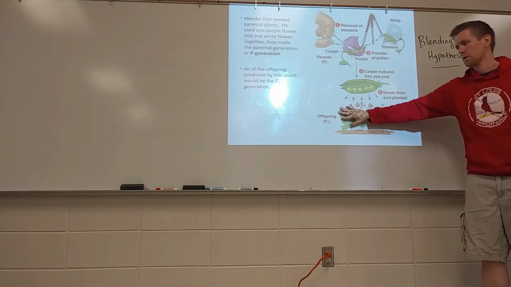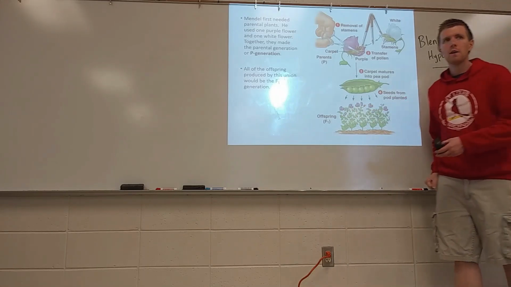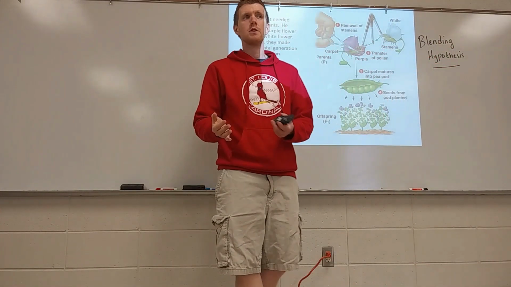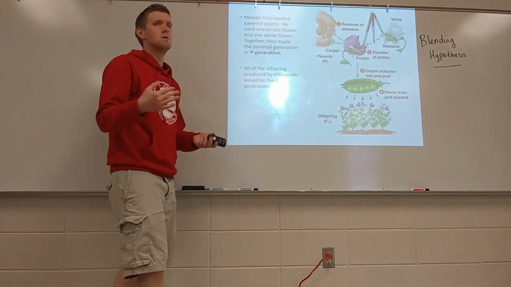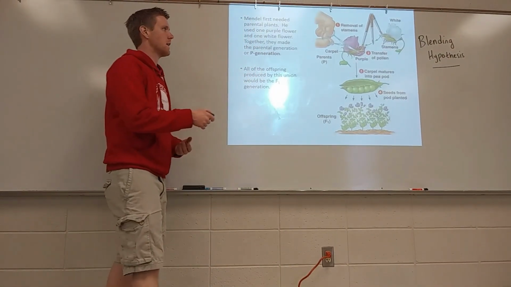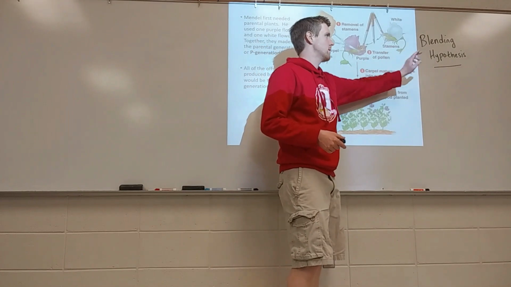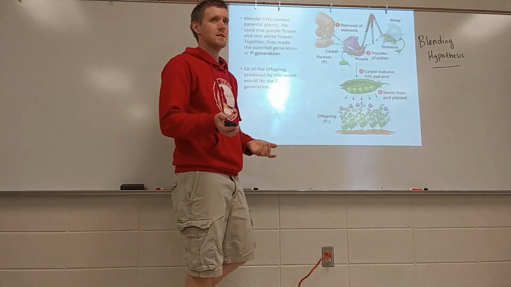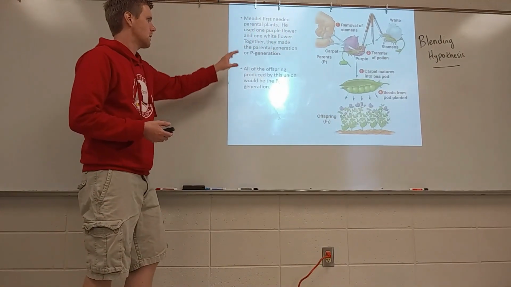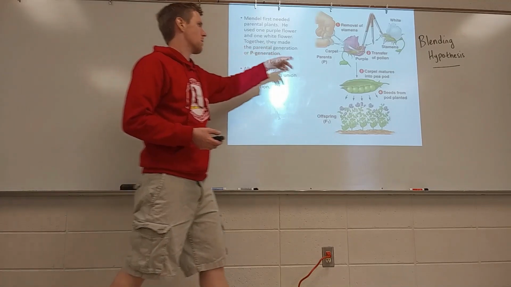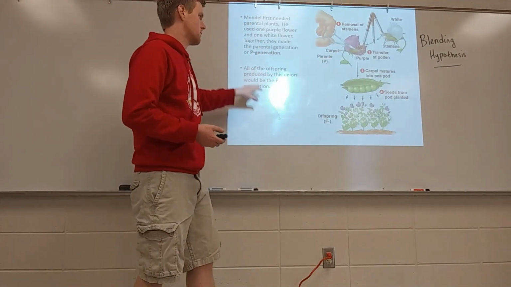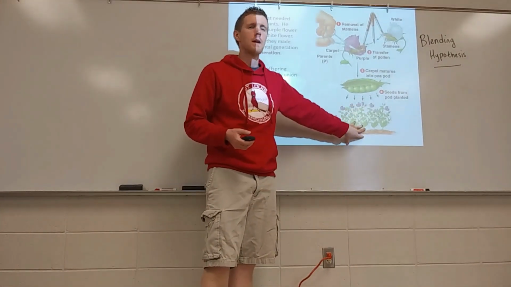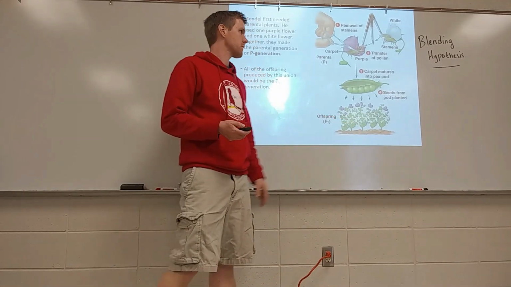If these guys were to pollinate each other and produce seeds, the next generation and the one after that should continue to show purple coloration. The white color is gone. That's what the blending hypothesis would have said. Okay? So, parental generation, purple and white, offspring produced by that, all purple, they're called the F1 generation.